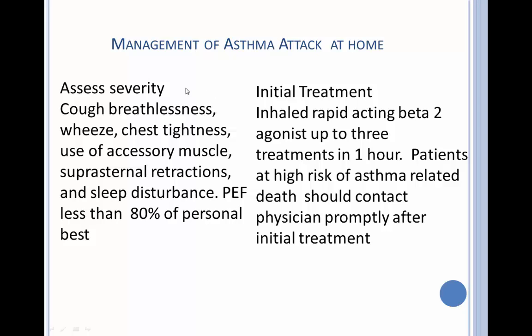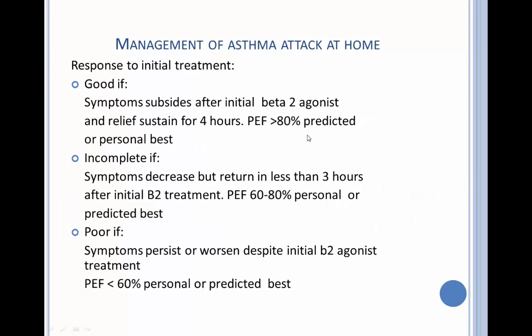Management, again: look for severity of the disease. Beta-2 agonist is your first initial choice, even for exercise-induced asthma. How do you know if the patient responds to treatment? Well, if there is subsidence of the symptoms after beta-2 agonist, albuterol or levalbuterol, and the peak expiratory flow is more than 80% predicted.